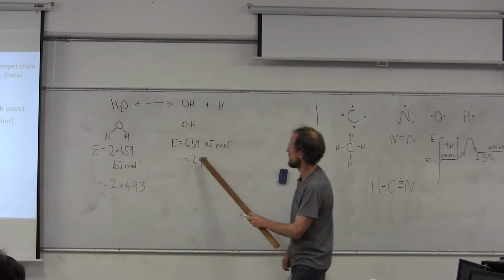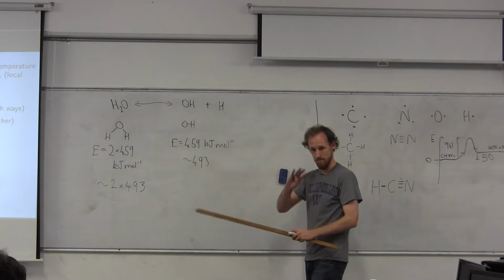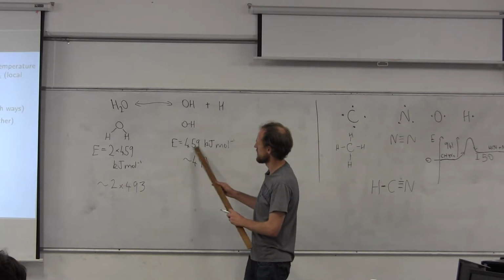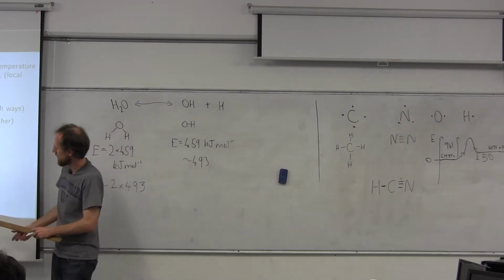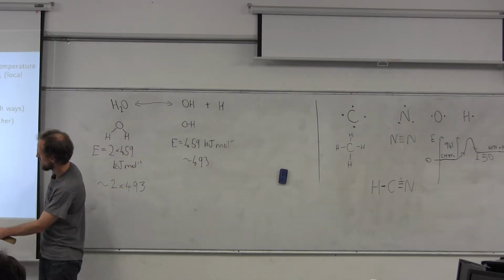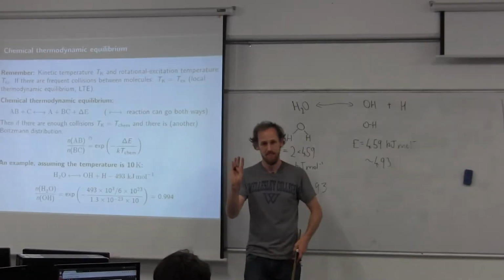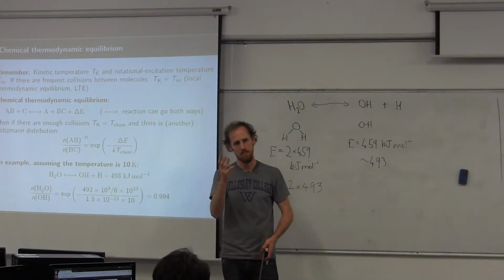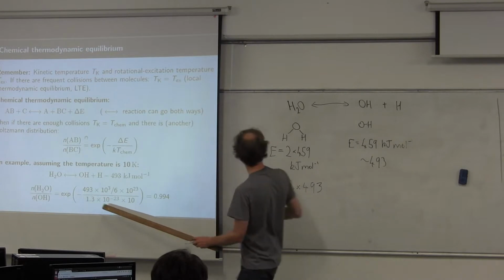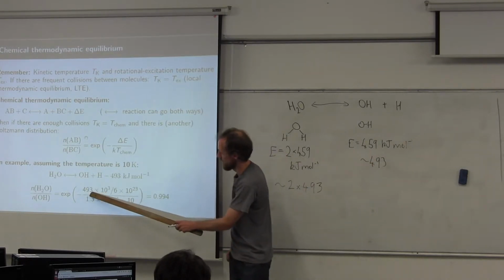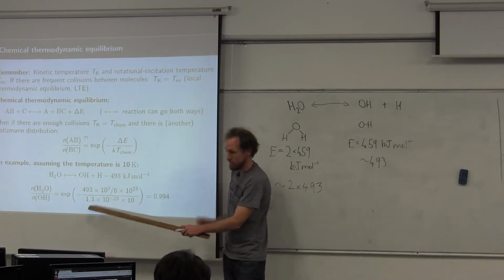So 460 approximately kilojoules per mole on this side, 2 times 460 kilojoules per mole on this side. So if you put that in the formula, that is this 493 because to do with this average bond thing I talked about earlier, there's a slight difference between 459 and the real value, but it's close.